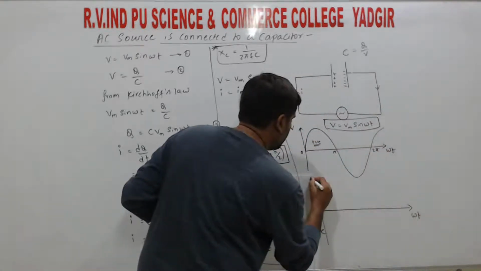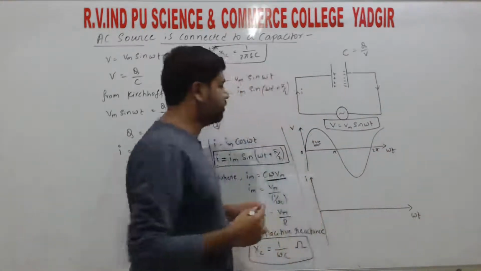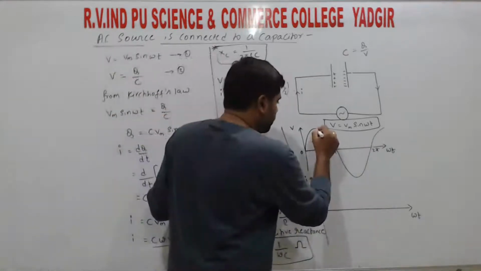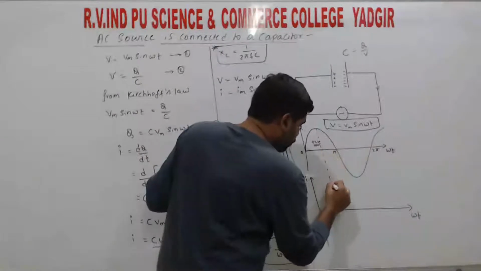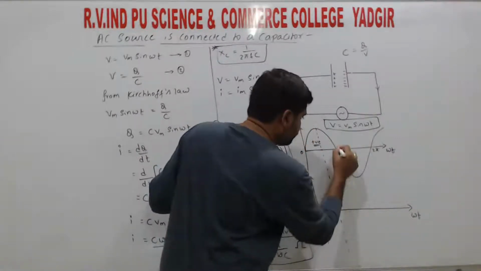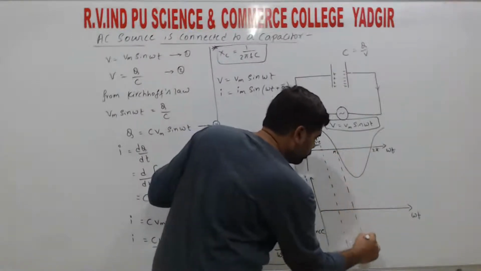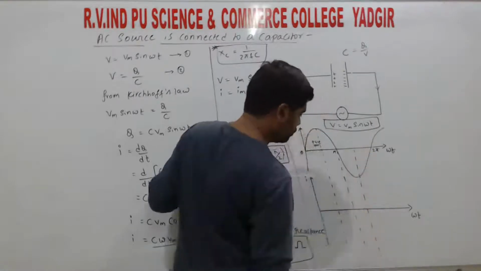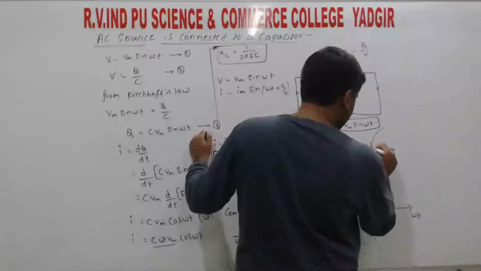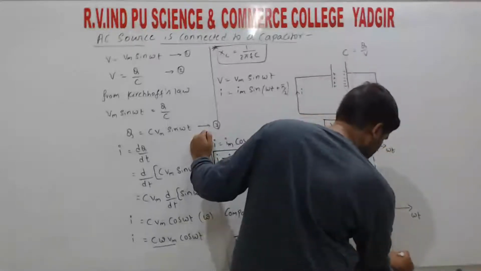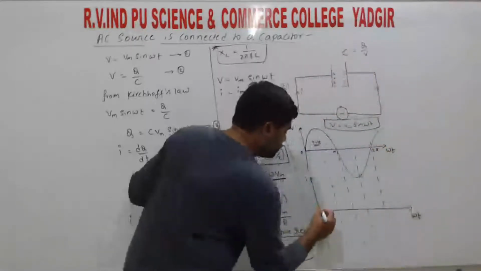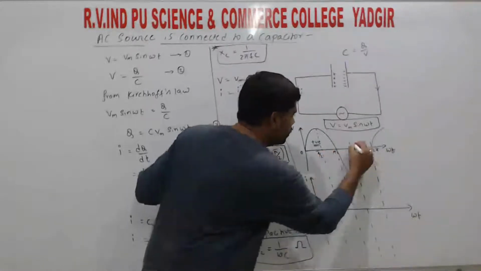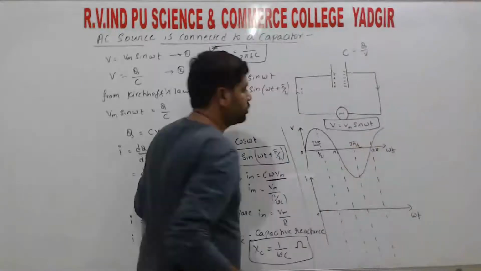Omega t is on the axis and I is the current flowing in the circuit. Here is the maximum Im value, the 0 value, and again the minimum value. Here it starts from 0, here it is pi by 2, 3 pi by 2, right?